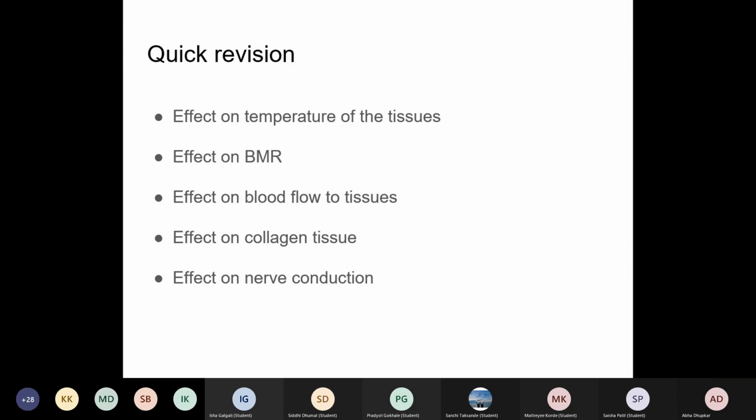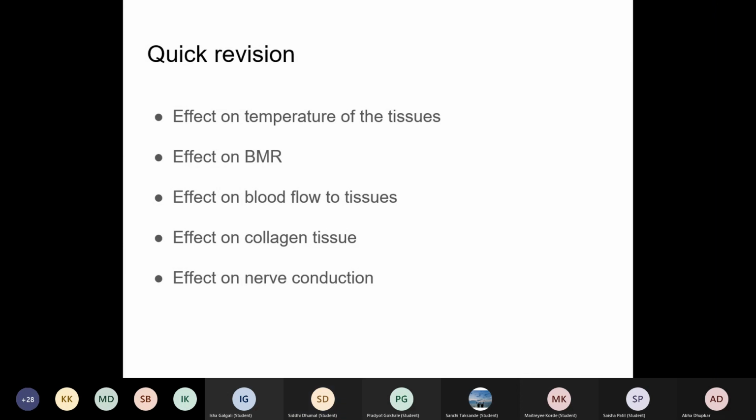Now nerve conduction. I think all of you know that heat is going to increase the nerve conduction. All the processes are going to speed up, therefore nerve conduction also speeds up. But at the same time, heat provides a sedative effect.